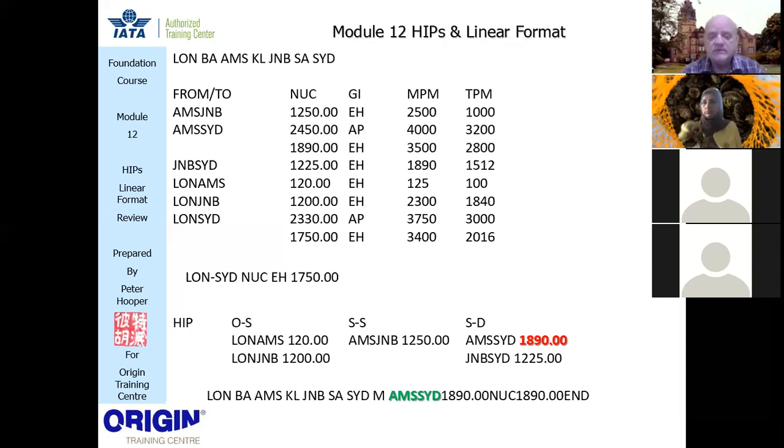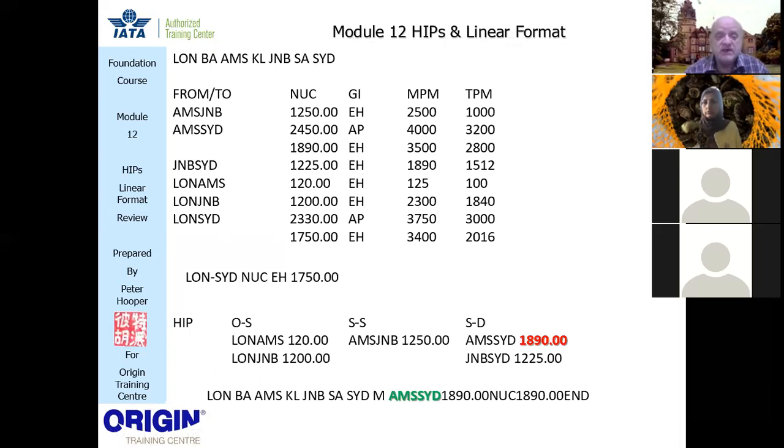Here's an example. We're going London, Amsterdam, Johannesburg, Sydney. So when I check the fare, I put in London, Sydney, and the date. How much is London to Sydney? Well, I've got two fares, London to Sydney. For this itinerary, which of those two fares do you think applies?